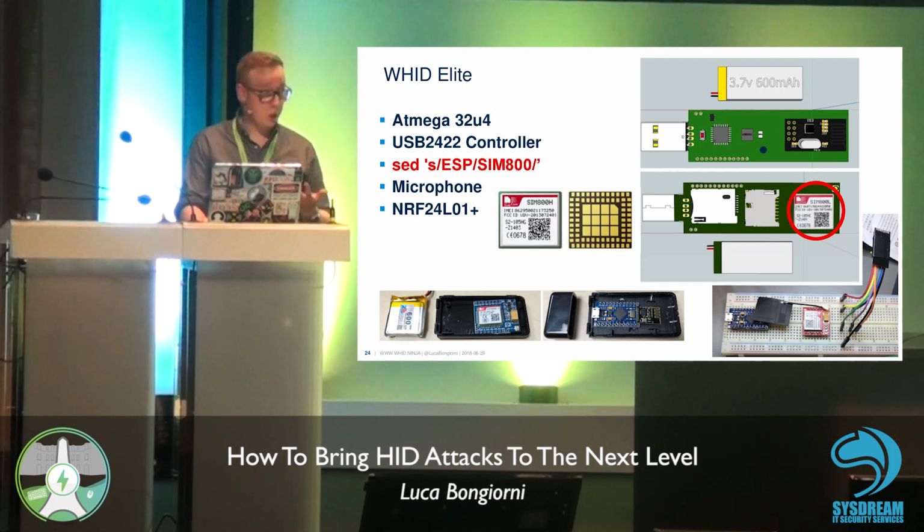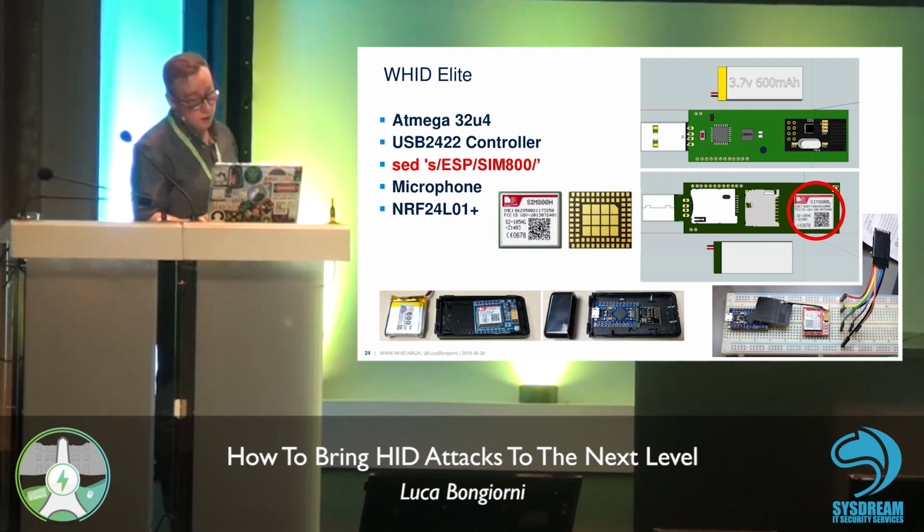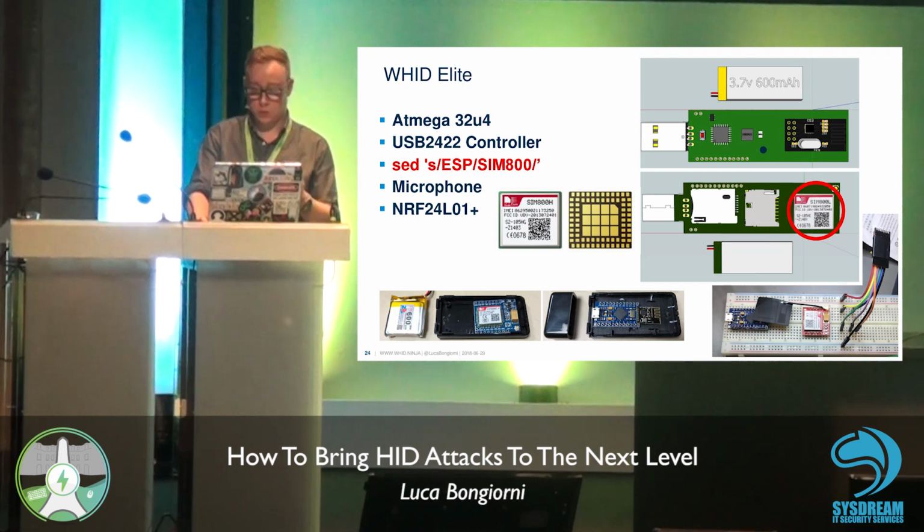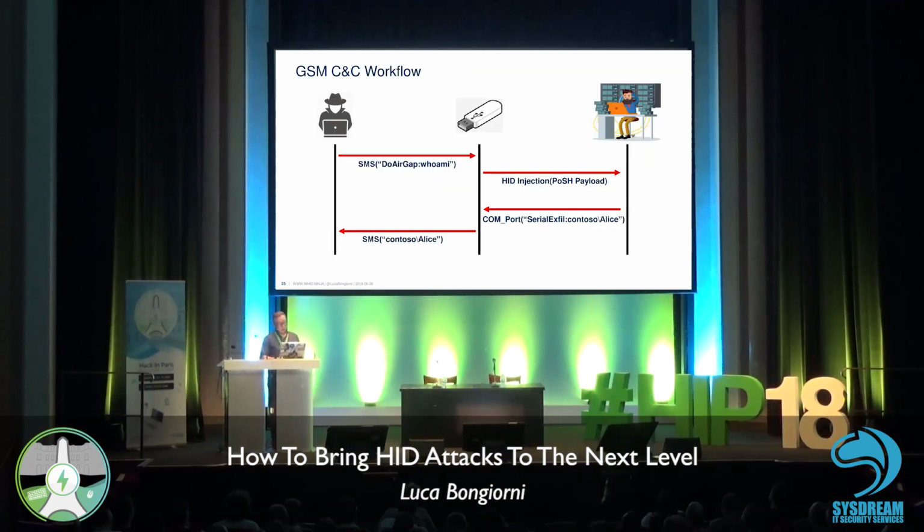So how does the workflow of this new device work? The idea is that the attacker sends an SMS, WHID Elite being connected to the target machine, of course. It sends an SMS like "do air gap, whoami".